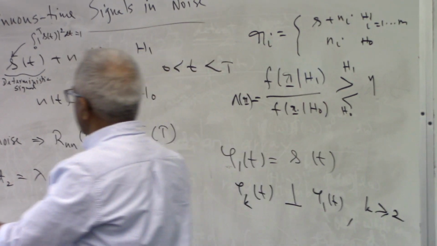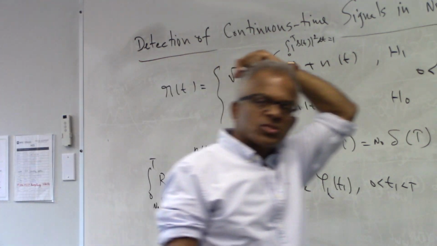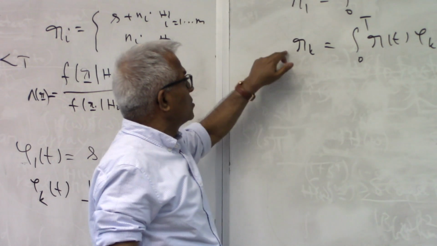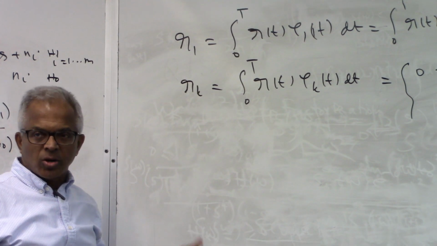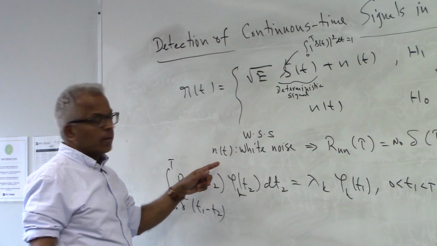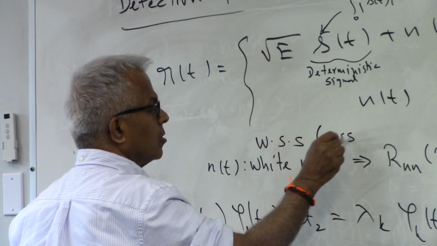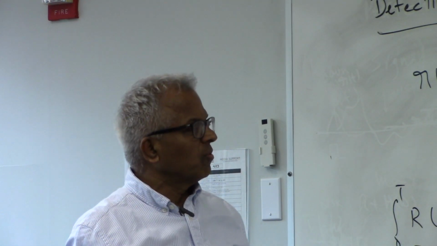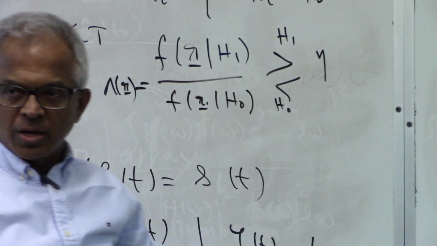Now, if you recall the last lecture, these functions are designed so that these random variables are uncorrelated. And if the noise happens to be Gaussian, then they are also independent. So let me bring in one more condition here. The noise is white and stationary Gaussian. If it is Gaussian, of course stationary Gaussian is enough, but it is a flat white noise case. So then we know that these Rk's are independent.